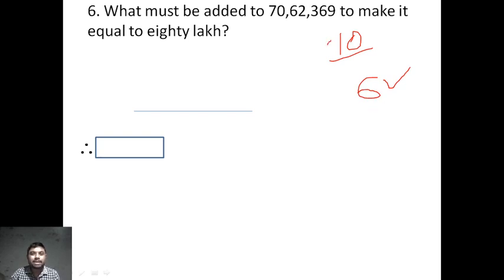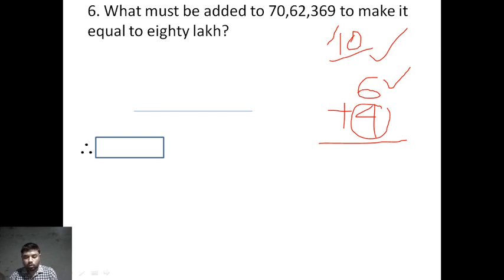You already know that if you add 4 with 6, you will get 10. So from where do you get this 4? You subtract this number from the larger number. Okay, is it clear?